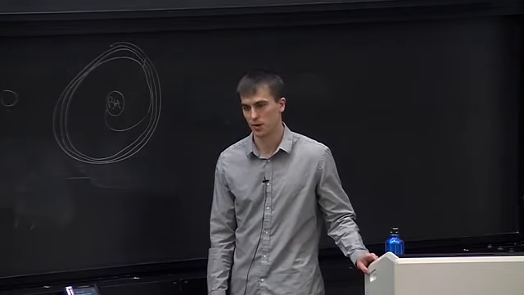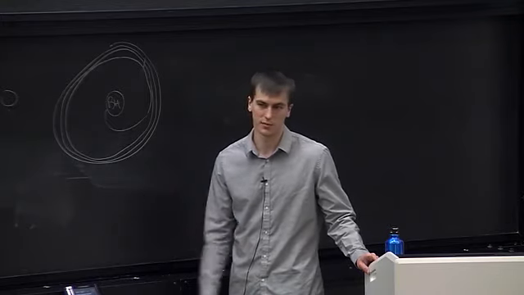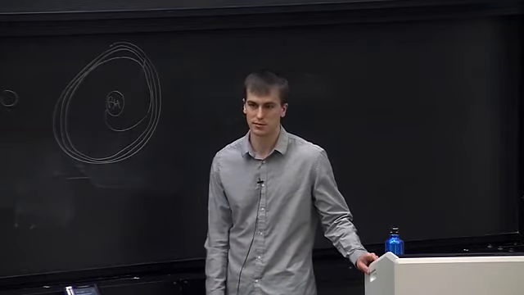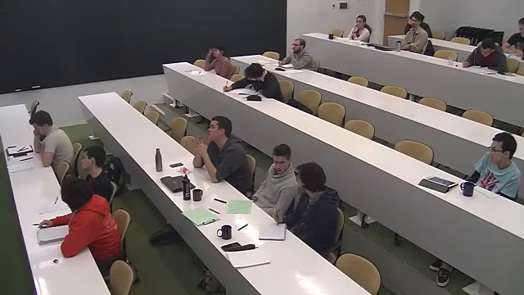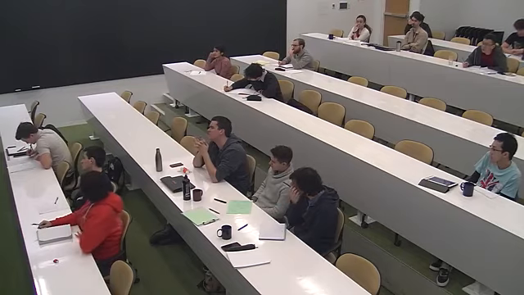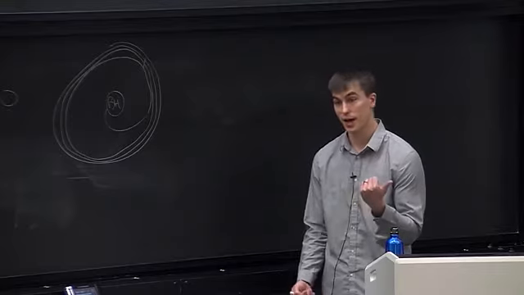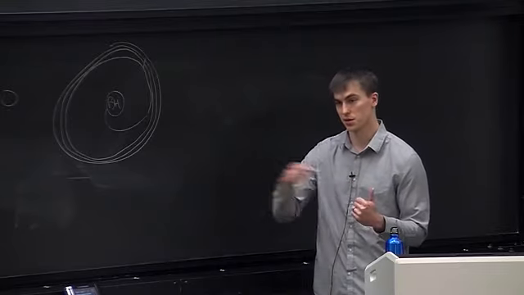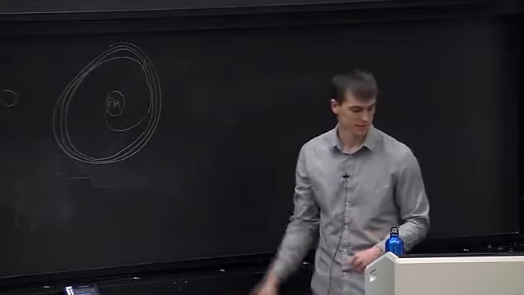So retrograde motion, will the plunge happen sooner or later compared to the non-spinning case? Sooner. Yep, it'll happen sooner. And then if we're in the opposite case, where the black hole spin is aligned with the orbital motion, then this plunge will happen later. So we'll get more cycles.